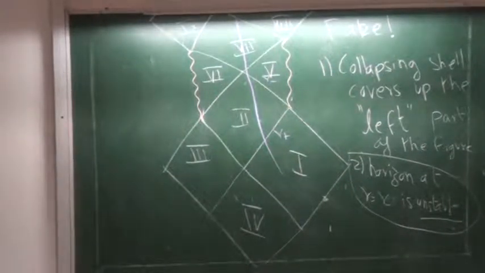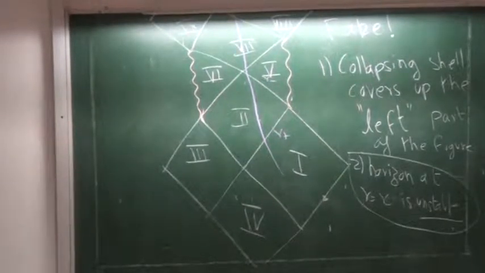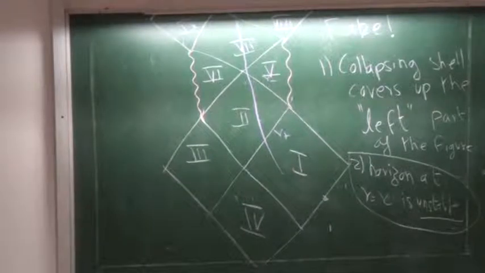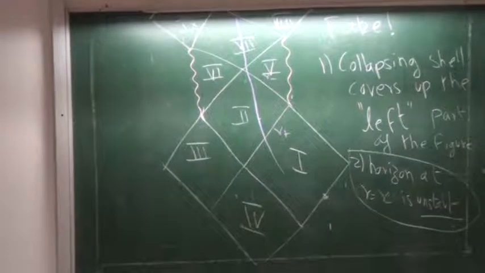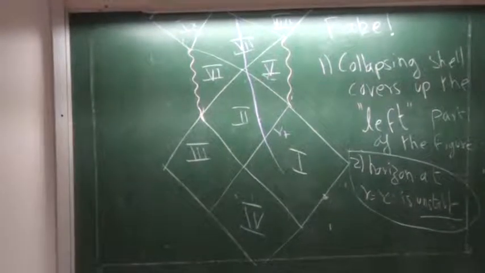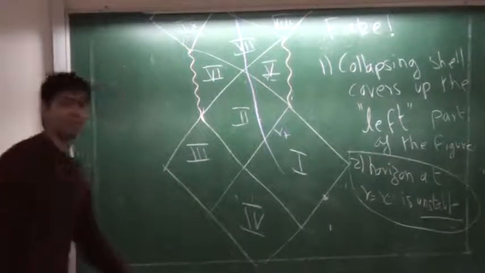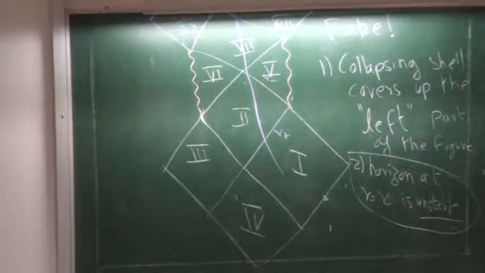Let's say you have a massless scalar field in flat space. Okay, do you know what the retarded Green's function looks like for a massless scalar field in four-dimensional flat space? One by p squared. No, it doesn't look like 1 by k. Okay, what does it look like in position space?